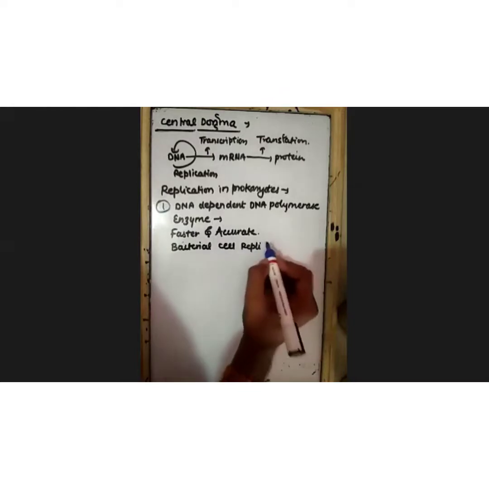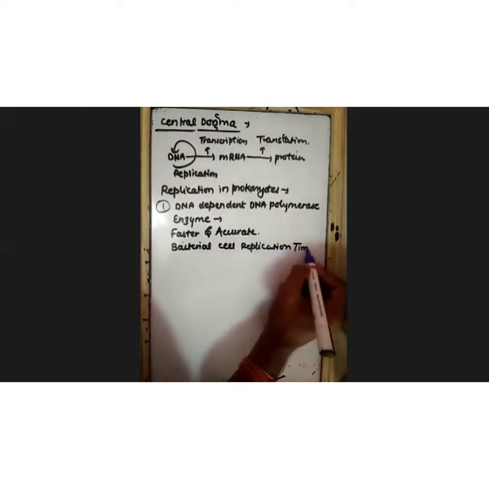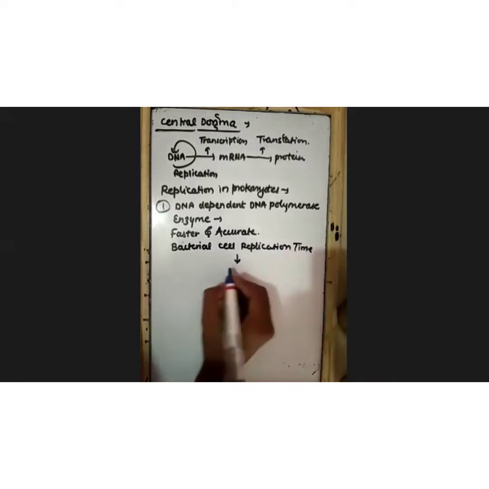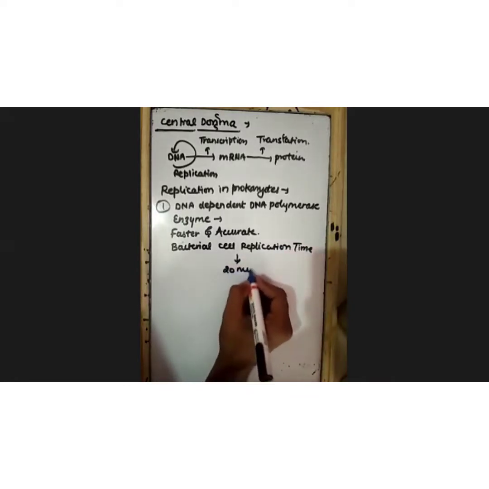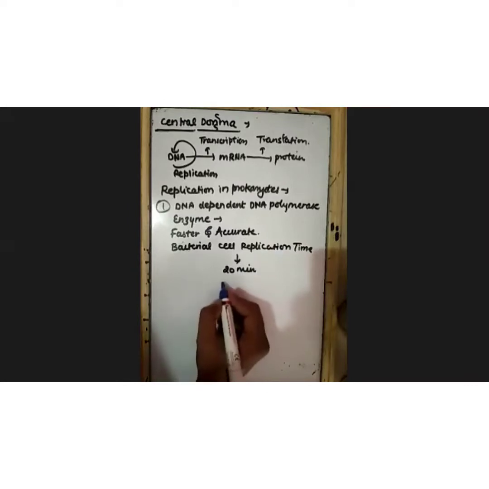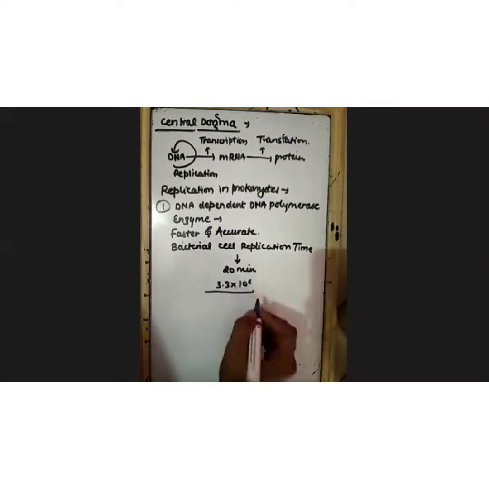Bacterial cell replication time is basically about 20 minutes, and we know there are 3.3 into 10 to the power 6 base pairs in the bacteria, and we have 20 minutes to replicate it.